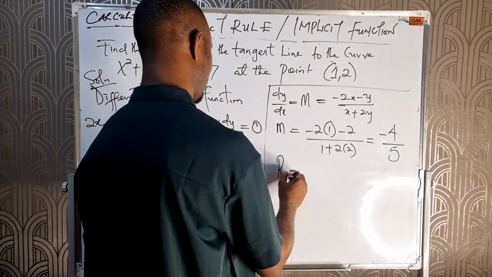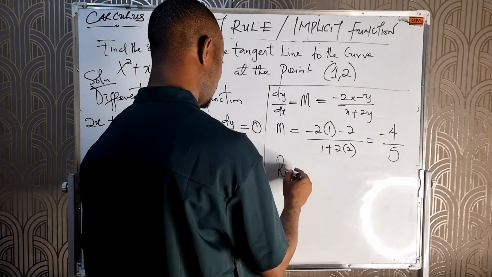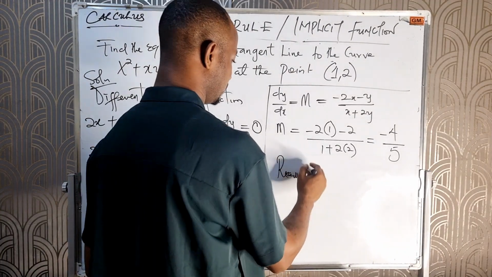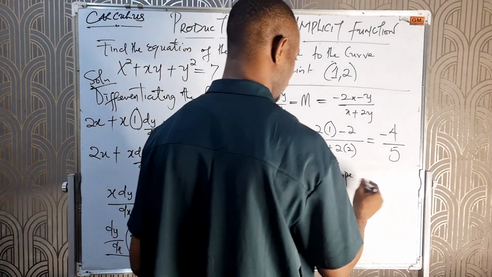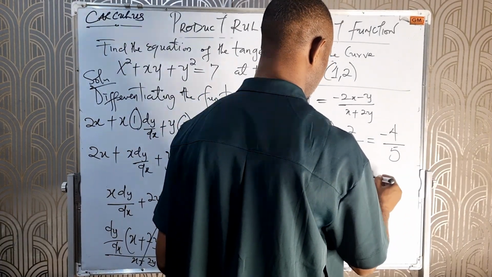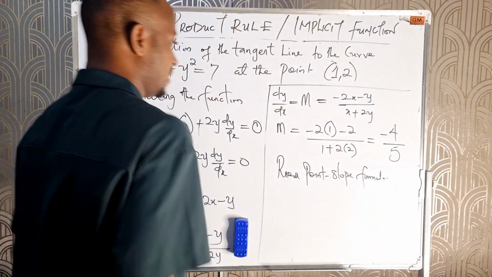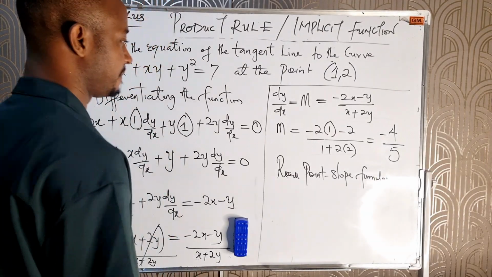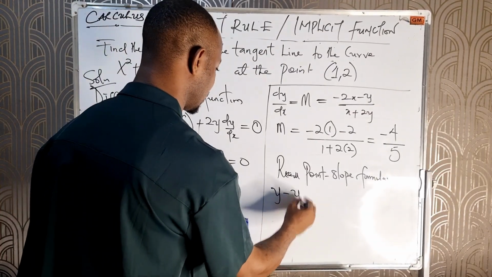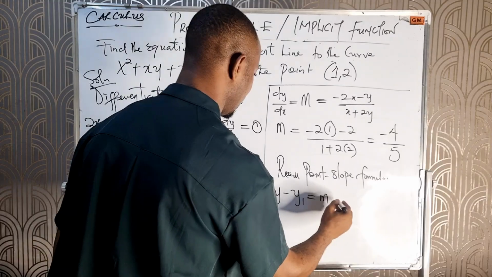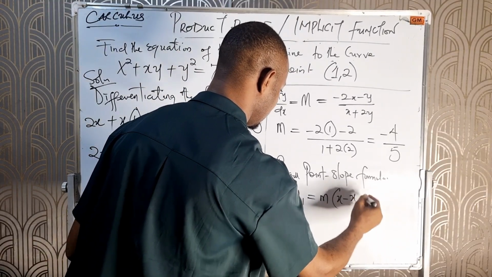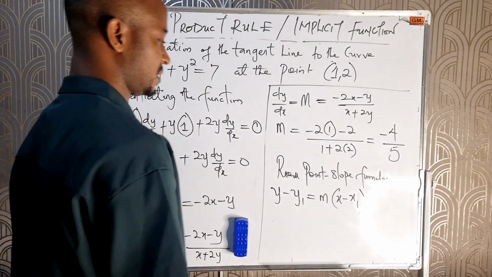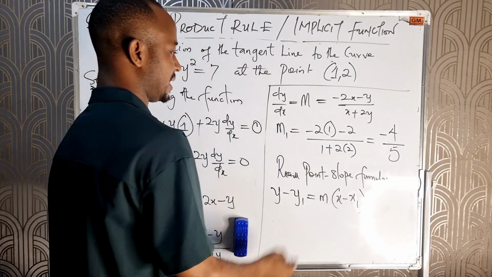Then also recall the point-slope formula of an equation for a straight line. We say that y minus y1 equals m times (x minus x1). Some textbooks put m1 here.